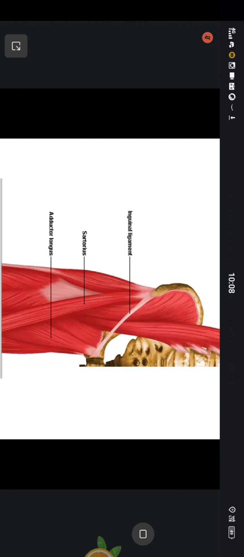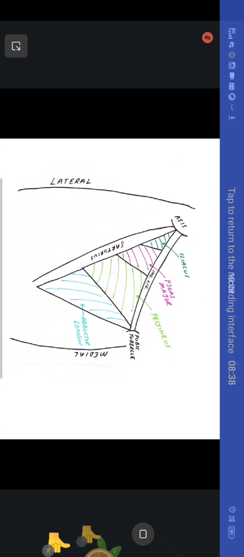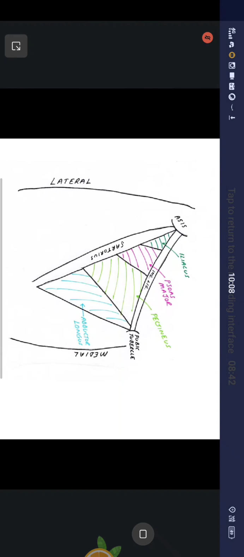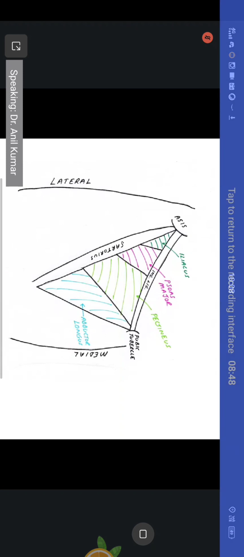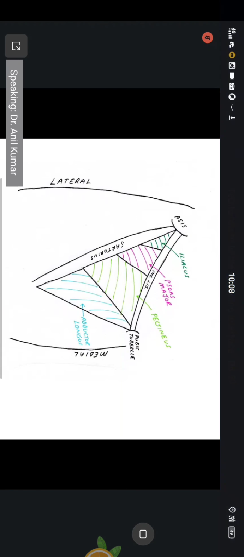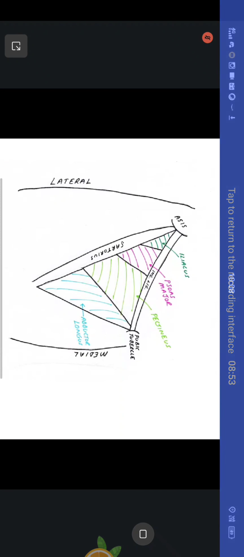Now, this is a line diagram which you can practice while reading, so that the answer of the boundaries as well as the floor is clearly seen in this diagram. A very simple diagram. I think everyone can practice this diagram.